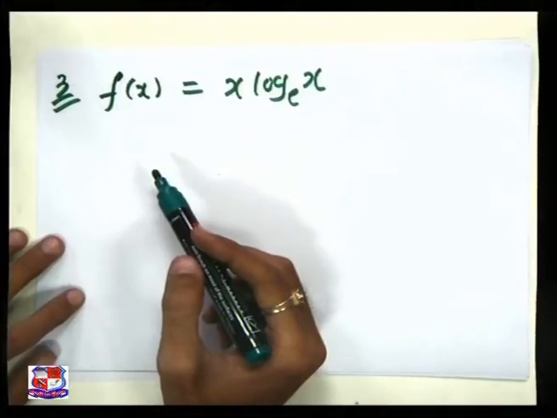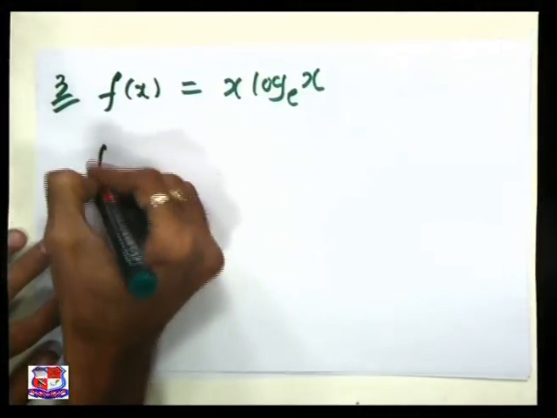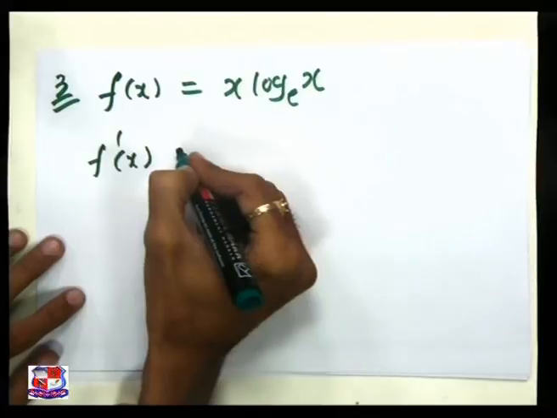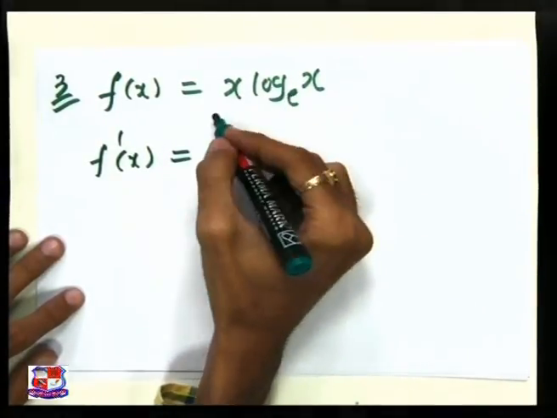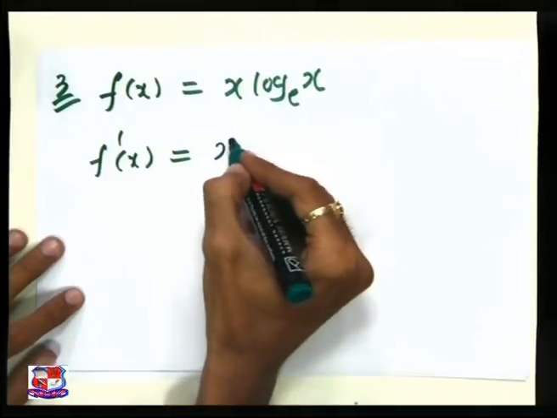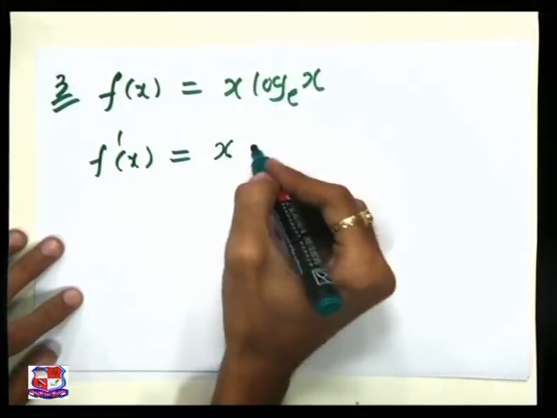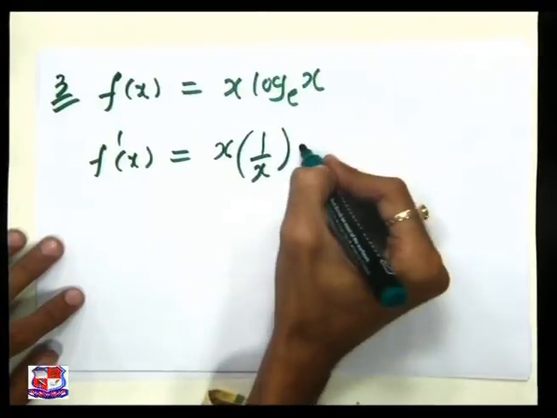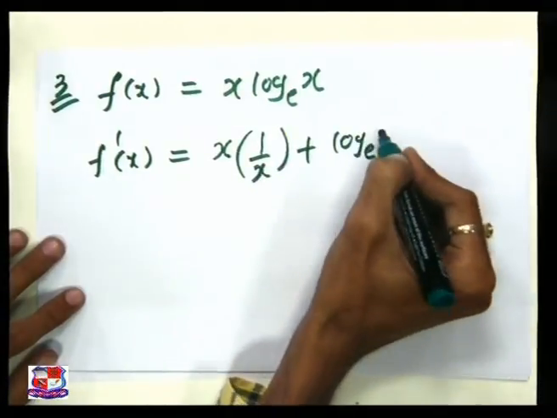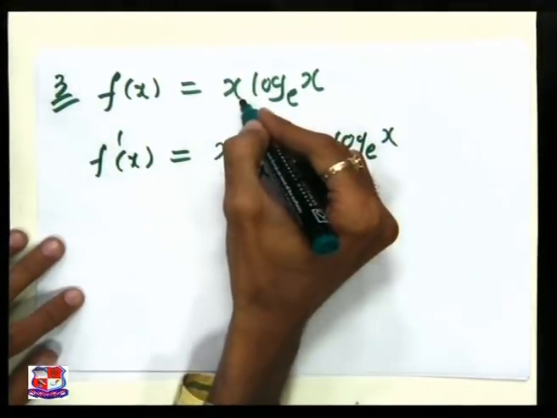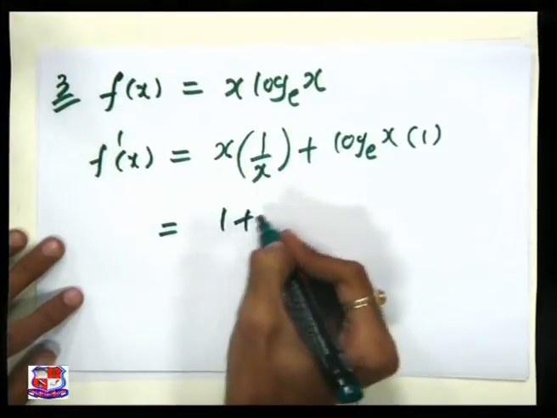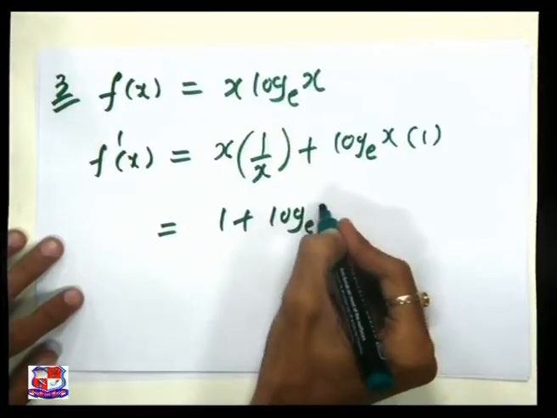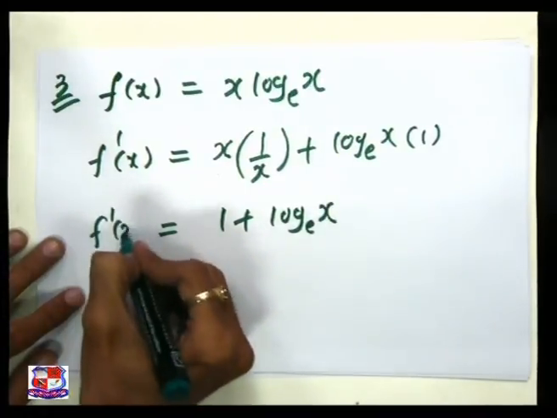First of all here f dash x, that is equal to, here x into log x, so again we will use the multiplication rule. So x into differentiation of log x, that is equal to 1 upon x, plus log x into differentiation of x, that is equal to 1, so into 1, so that will be 1 plus log x, that is equal to f dash x.